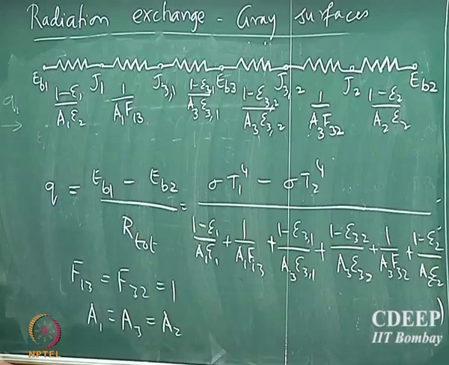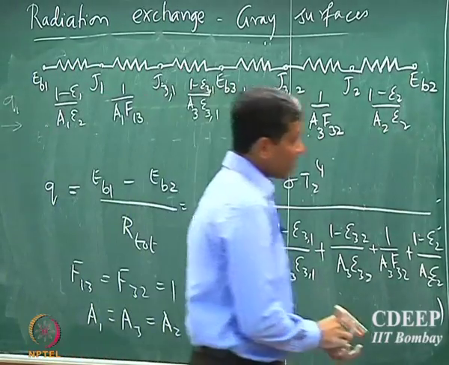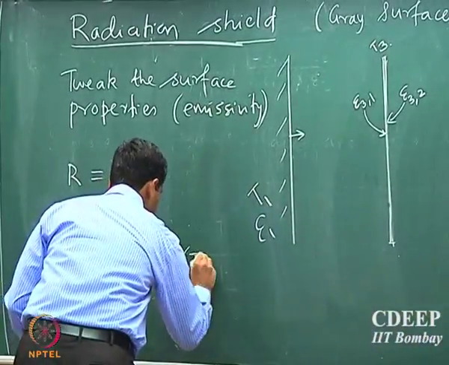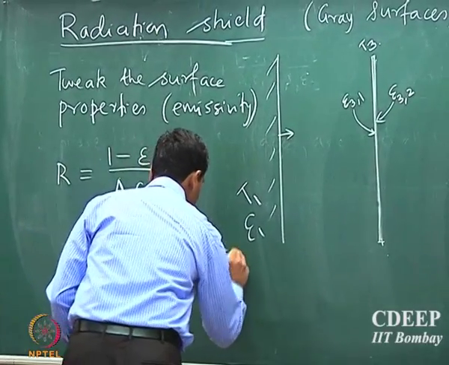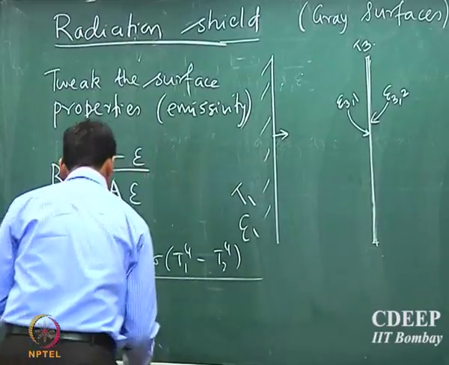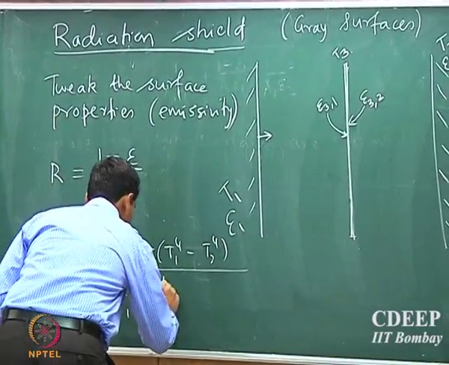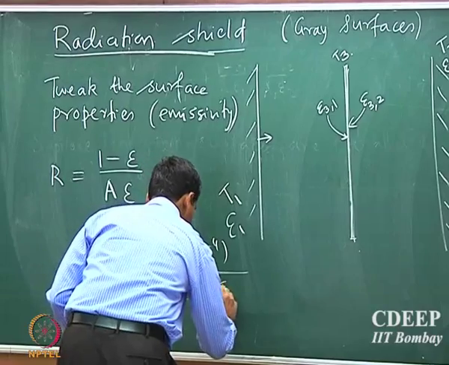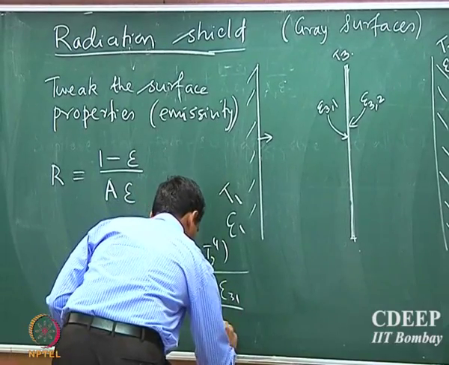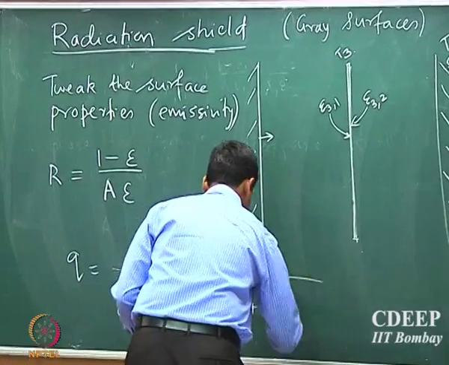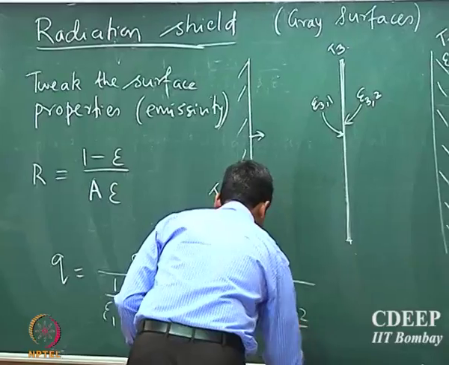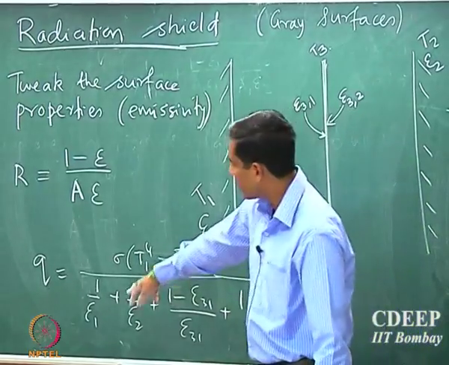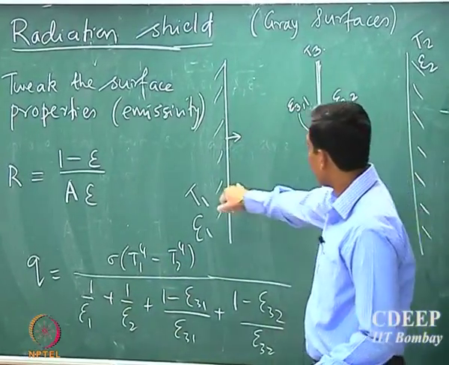If you plug in all these factors, you will find that the net radiation exchange Q is given by sigma (T1 to the power of 4 minus T2 to the power of 4) divided by 1 by epsilon 1, plus (1 minus epsilon 31) by epsilon 31, plus (1 minus epsilon 32) by epsilon 32. That is the net radiation exchange between the two surfaces 1 and 2.